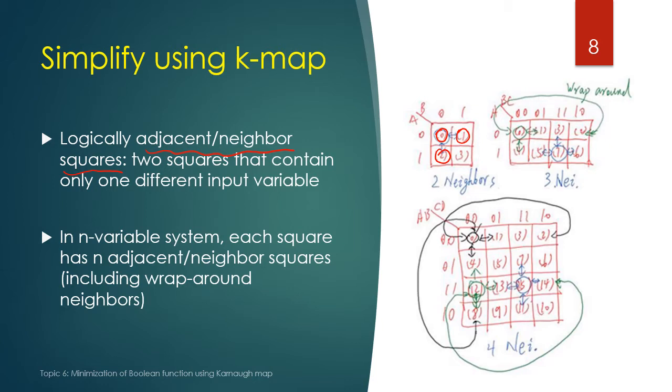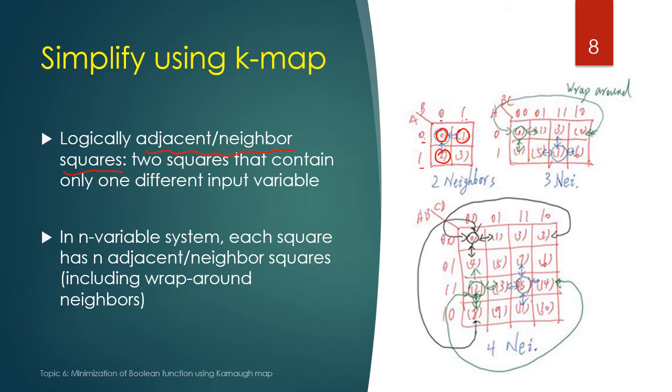We say two squares are adjacent when there's only 1 bit difference in the input variables. For example, for square 0, the input combination is 0, 0. For square 1, the combination is 0, 1. So only this bit is different. That's why they are adjacent. Similarly, squares 0 and 2 only have this bit different.